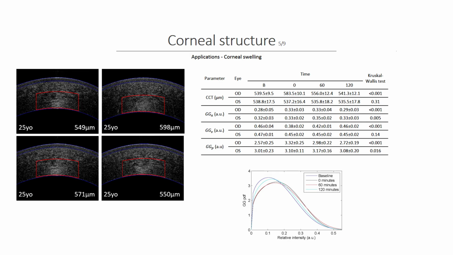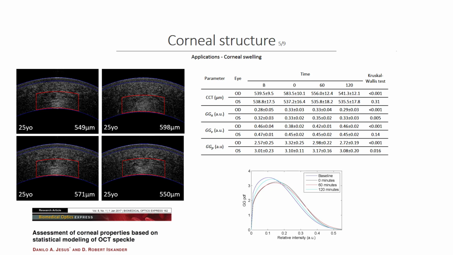We also observed significant changes of the generalized gamma parameters after inducing corneal swelling. These changes point to a dispersion of the scatterers in the tissue, which is in agreement with what we would expect to see after inducing swelling. For more details about the effects of aging and swelling on corneal speckle, please have a look at this open access paper published in Biomedical Optics Express.